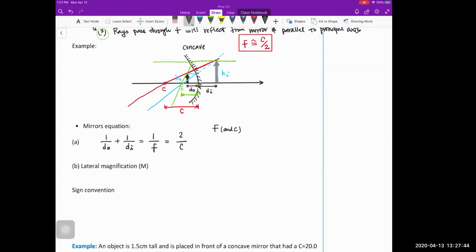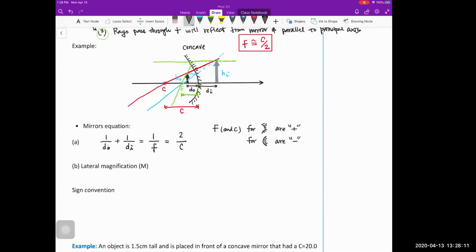The sign for the focal point and the C, the curvature, is this. For this kind of mirror, they are positive. If you have another kind of mirror, this is what we call the convex mirror, and they are negative.